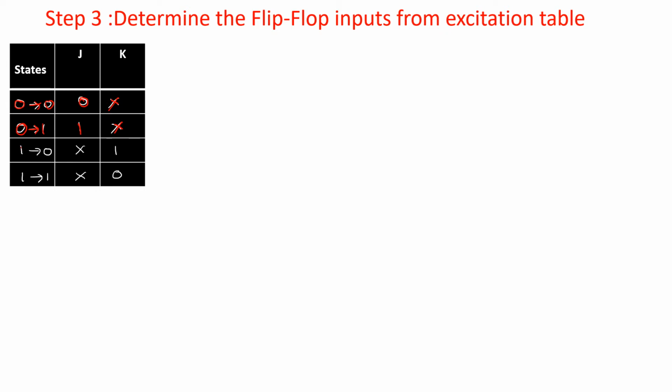Similarly, if our present state is 1 and next state is 0, then J is don't care and K is 1. And finally, if our present state is 1 and next state is 1, then J can be anything, that is don't care, and K is 0. Depending on that, we are now going to determine the inputs of the flip-flop.